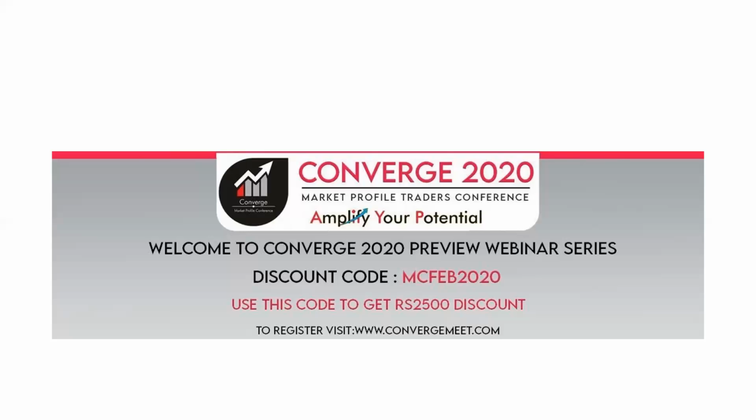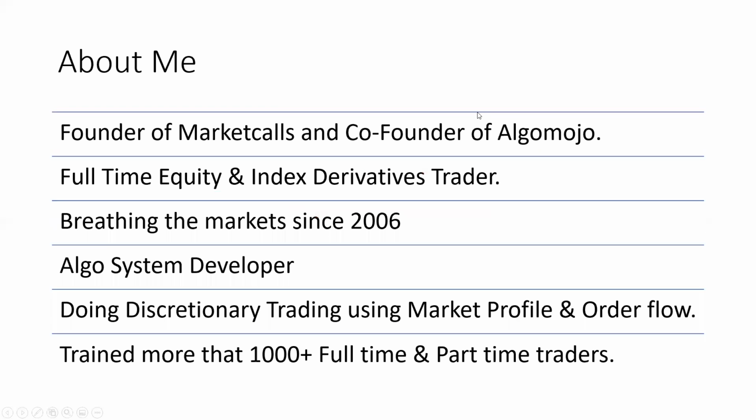Thank you. So we'll kickstart with some of the basics of order flow. And prior to that, a little bit about me. My name is Rajendran. I'm the founder of Market Calls and co-founder of Algo Mojo. I'm a full-time equity and index derivative trader. Most of my trades are in derivative segments, and I've been trading in the market since 2006 onwards.